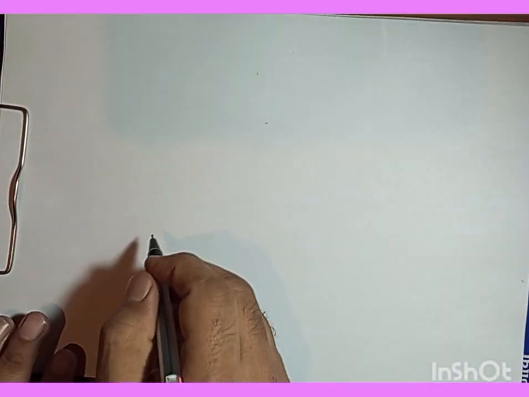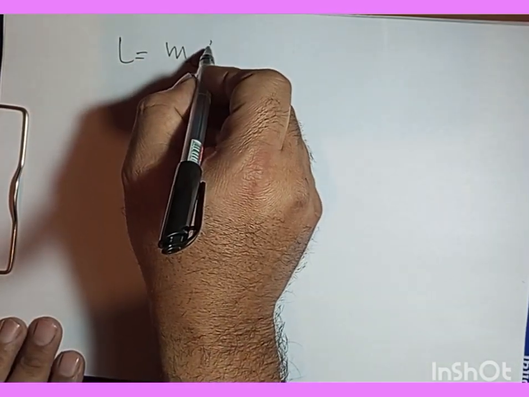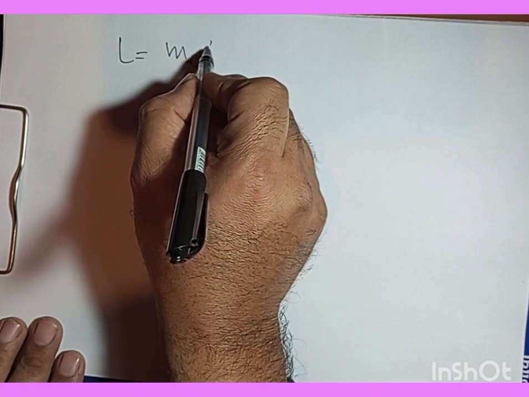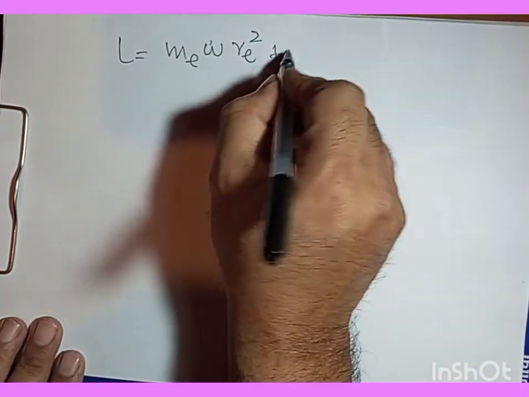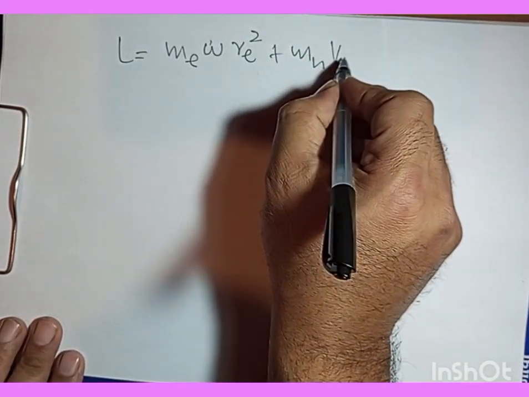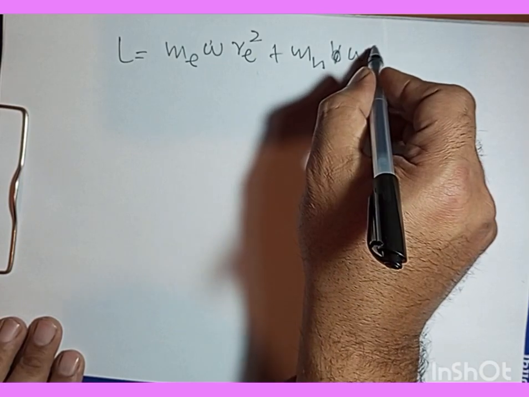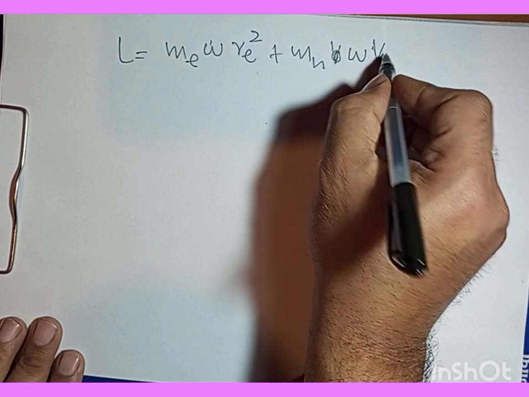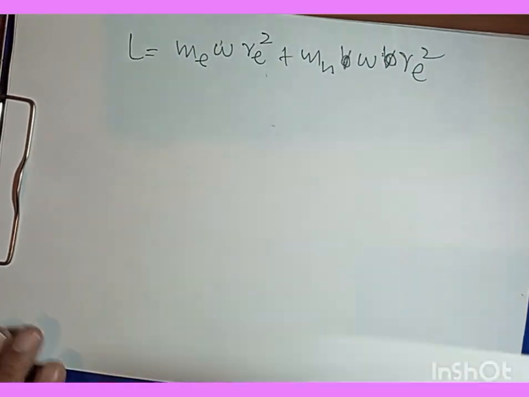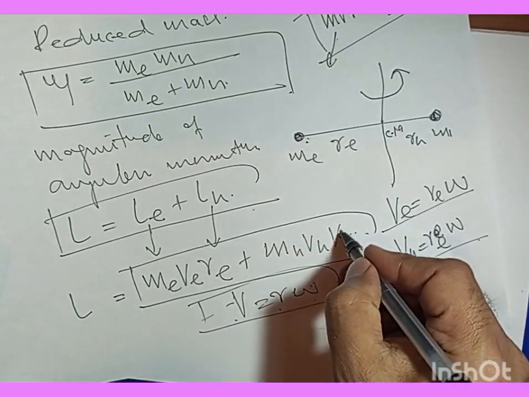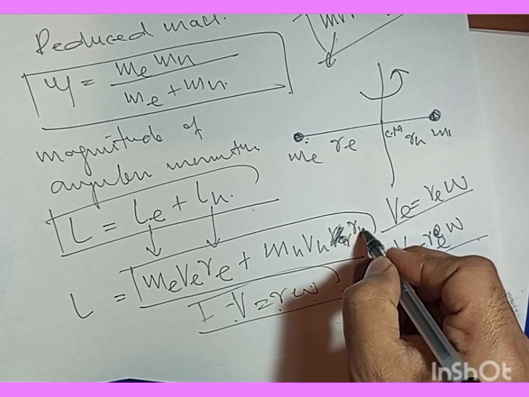So what will I get? I'm going to get L is Me, instead of Ve, I'm going to write omega Re, and Re times Re will give me Re square, plus Mn omega Re square. Here I have written it wrong. This is Rn.